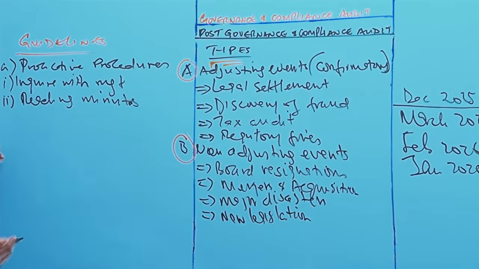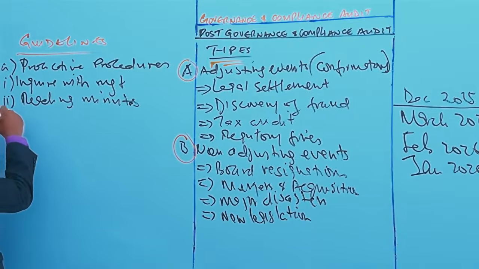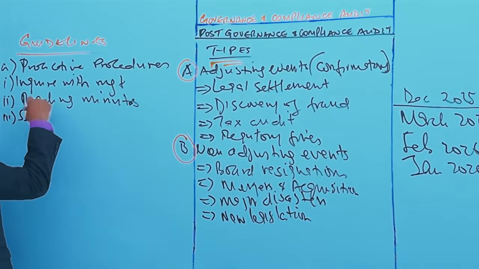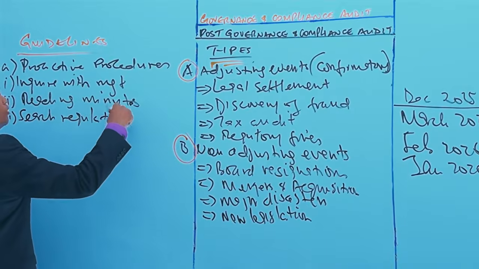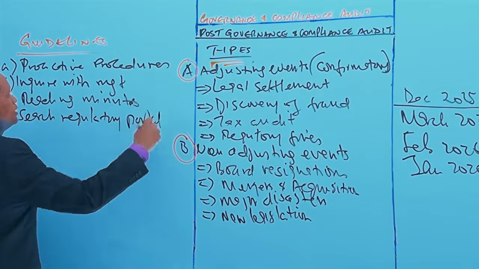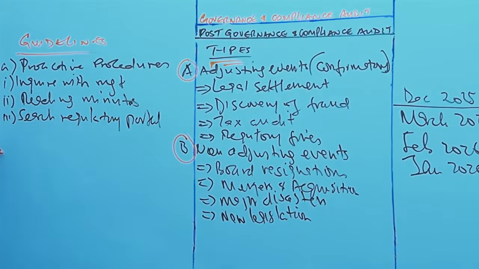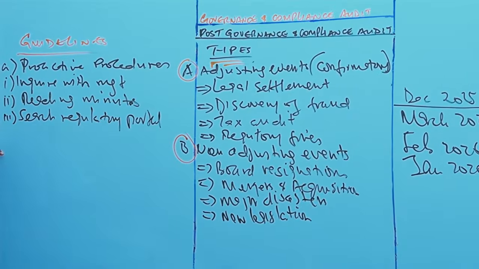Three, search regulatory portal. Be proactive by searching the regulatory portal. Check for new filings on e-Citizen or the business registration service.